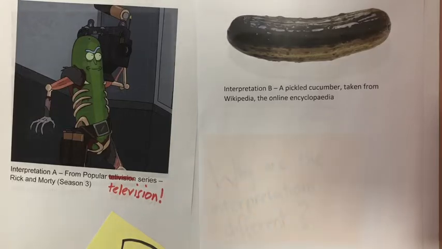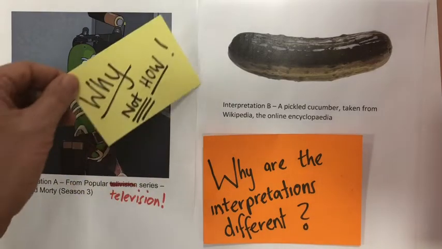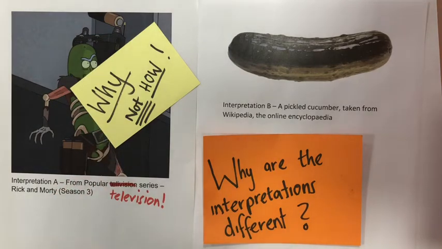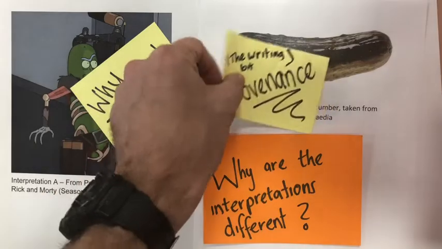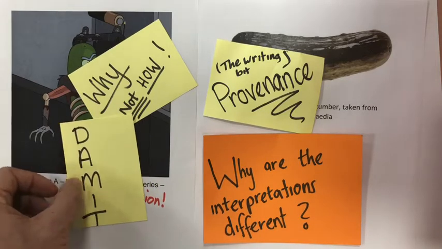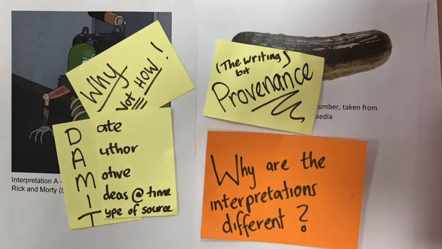Question 2, slightly trickier, but still only worth 4 marks, is why they are different. Now you must remember this question is asking why, not how. So the things that you have to consider are the provenance, which is the writing bit. So we're looking for things like, remember DAMTIS: date, author, motive, ideas at the time, and the type of source.